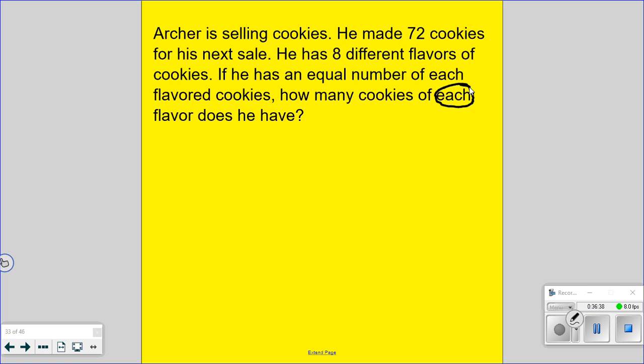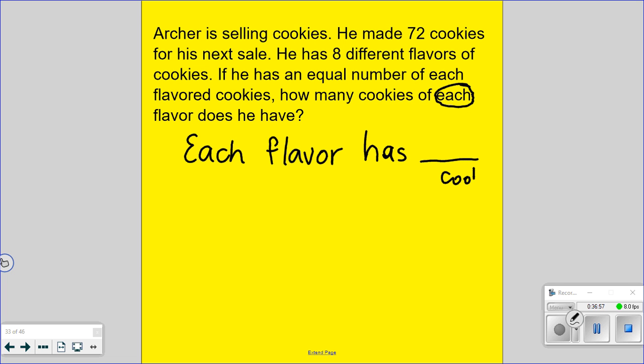We're figuring out how many cookies are each flavor. So I might say, each flavor has blank cookies. Each flavor has blank cookies.